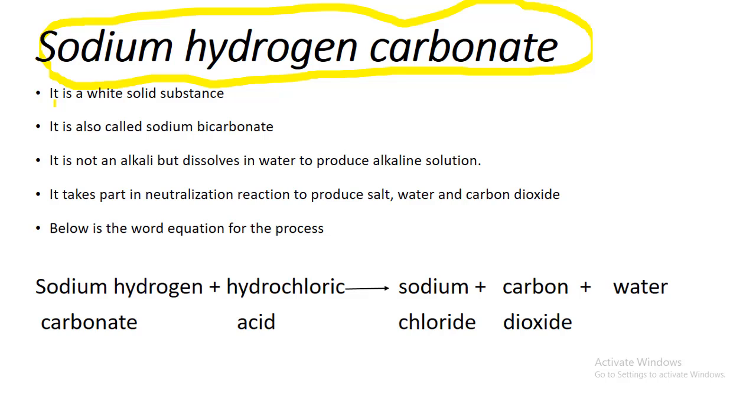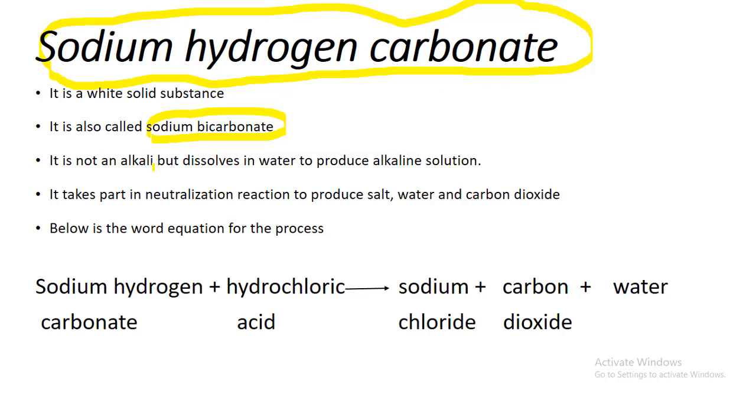Sodium hydrogen carbonate is a white solid substance, also called sodium bicarbonate. As a matter of fact, it is also called baking soda. The soda we use to bake cake is sodium hydrogen carbonate.